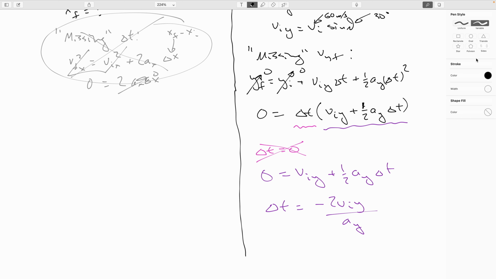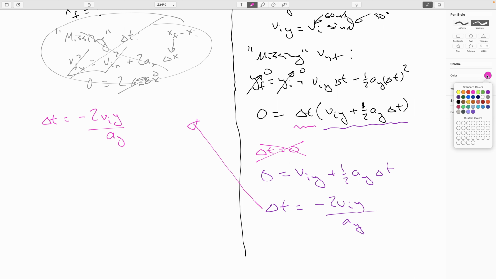for the time of flight, and we can now take that information and transfer it back over to the land of x. So we'll have that delta t is minus 2 v initial y over a sub y. Now, there's more than one way to do this one, but let's just go ahead and use the missing Vx final.